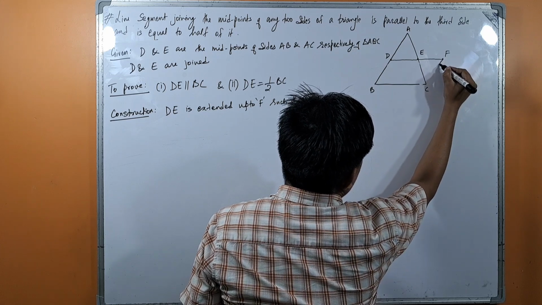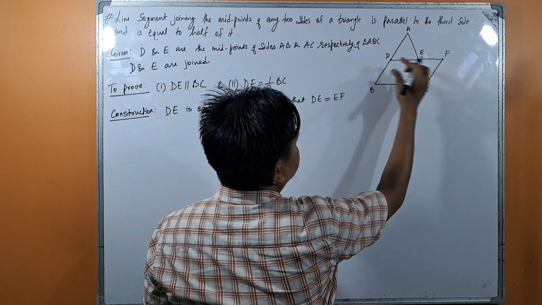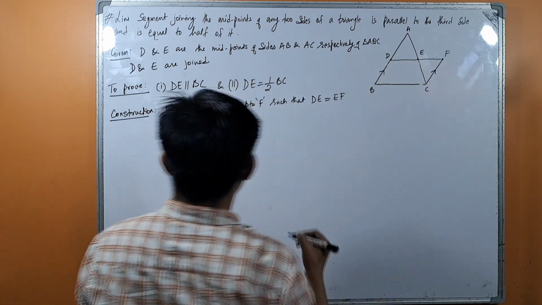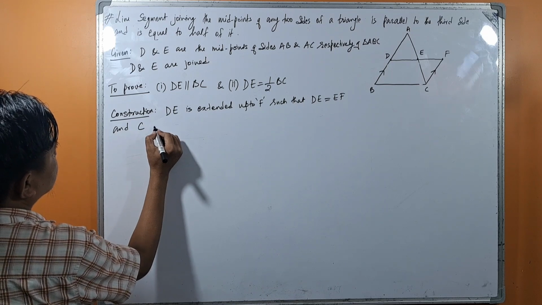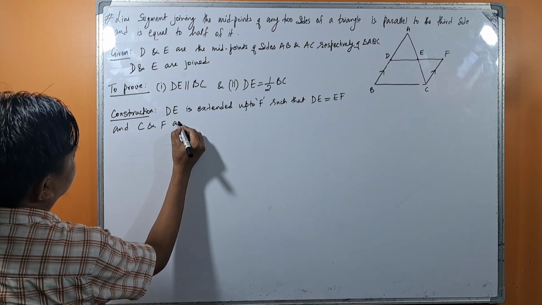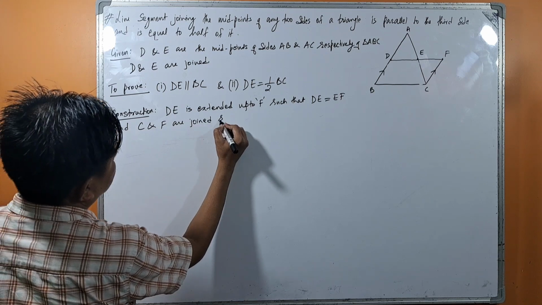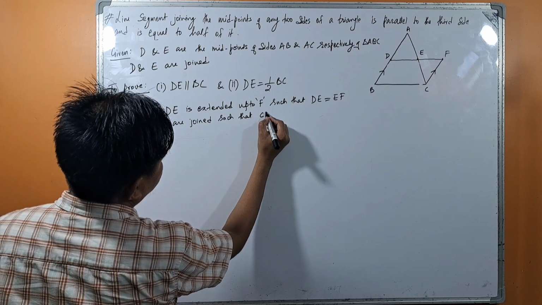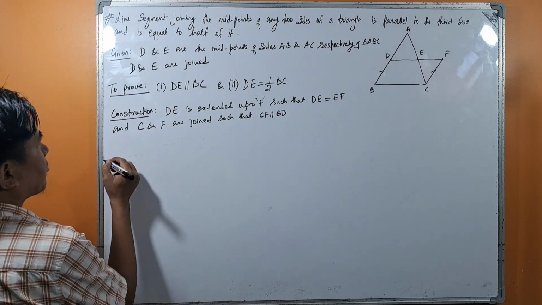Okay, C and F are joined such that CF is parallel to BD.